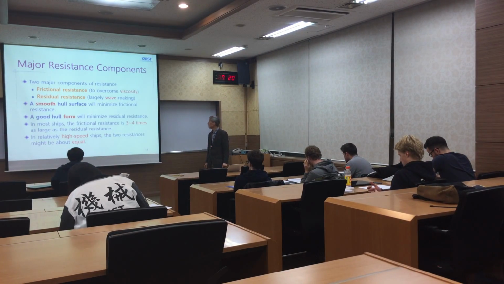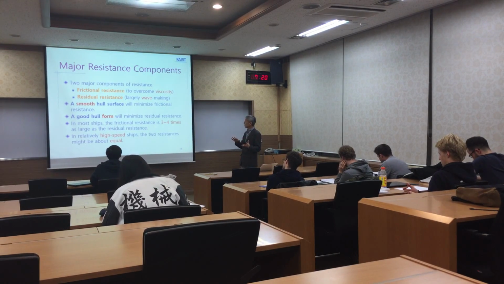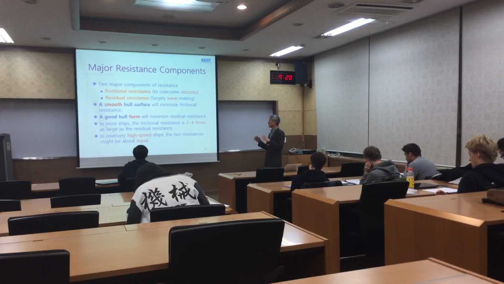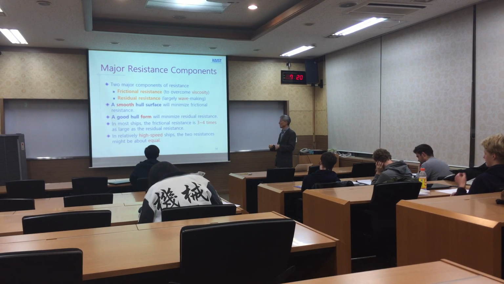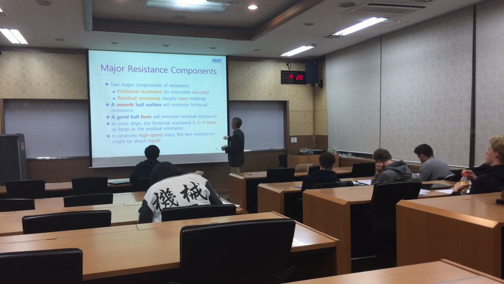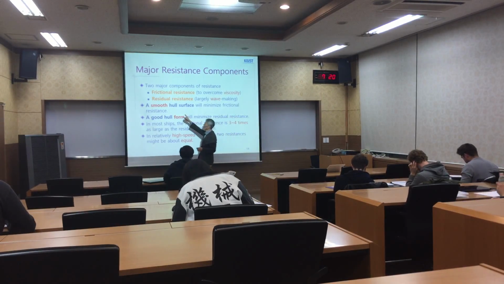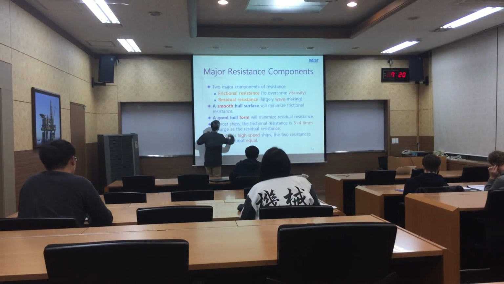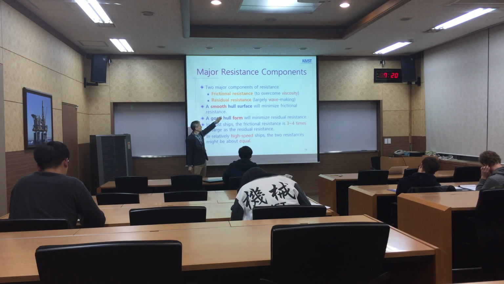Right? Major resistance components. Once again, the frictional and residual. Residual is divided into two parts, wave making and eddy resistance. Right? Frictional is coming from viscosity, so you need to have a clean painting of surface without any fouling or additives.